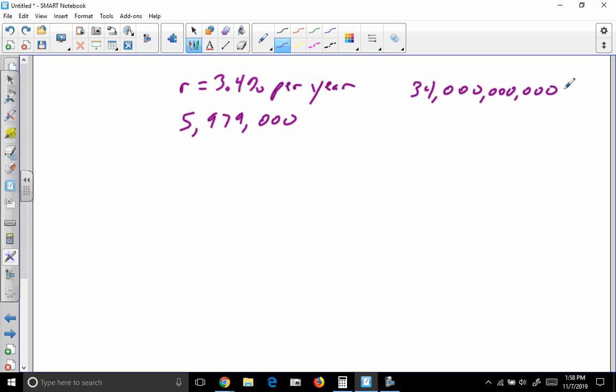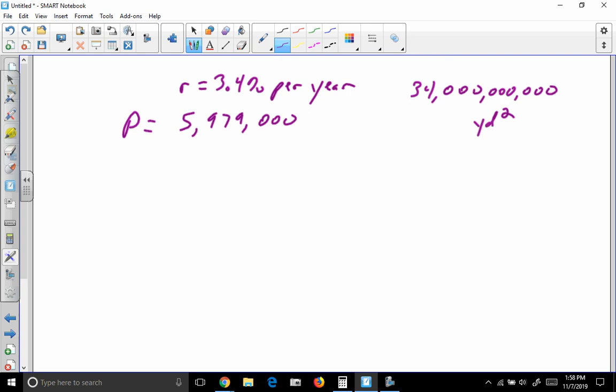The area of the country is 34 billion square yards. So the question is, how long will it take this country's population until there is one person for every square yard? One person for every square yard.